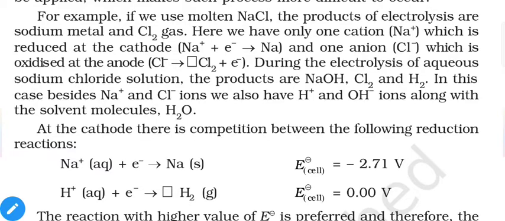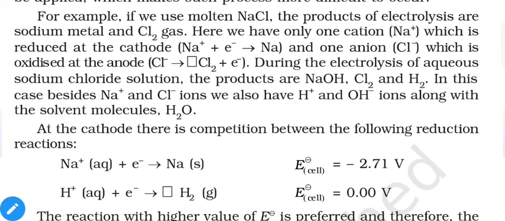Na plus will participate in the reduction reaction by accepting an electron, and Cl minus will participate in the oxidation reaction by releasing an electron. Na plus accepts an electron and becomes Na metal, and Cl minus releases an electron and becomes Cl2 gas.